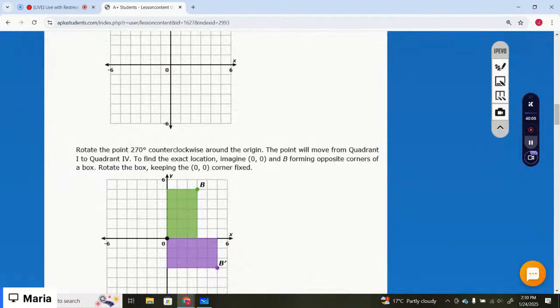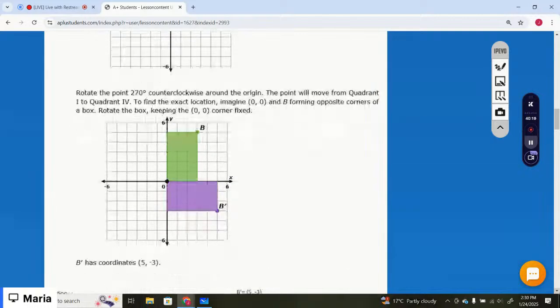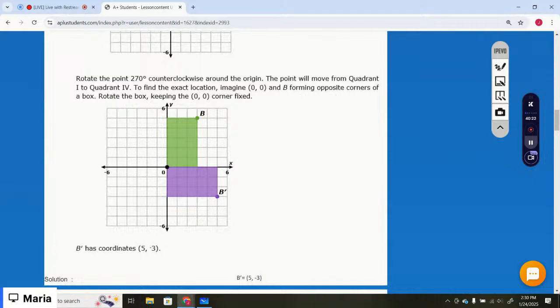Rotate the box keeping the 0, 0 corner fixed. So if this point is fixed, you move it from here to here. So now the new coordinates are 5 and -3. The correct option is the one with 5 and -3. The new coordinates are 5 and -3.